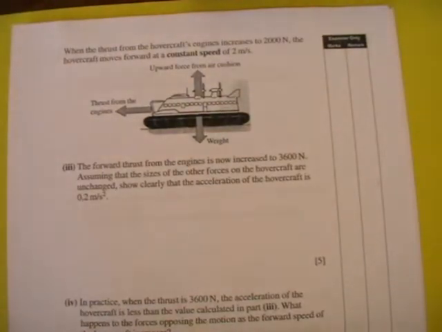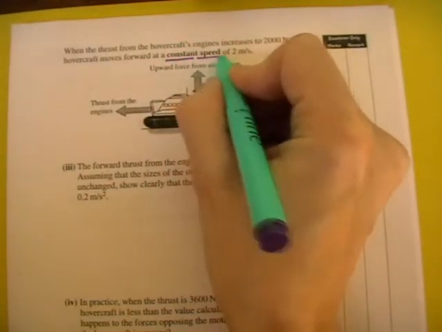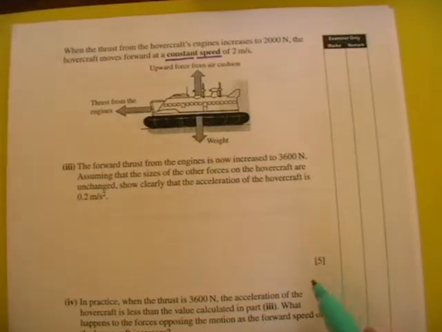When the thrust from the hovercraft's engines increases to 2,000 newtons, the hovercraft moves forward at a constant speed of 2 meters per second. Now, they've got constant speed in black there. There's quite a lot in this question and it's worth 5 marks. And most people don't get this kind of question right. It is an F equals ma question, or Newton's second law question.